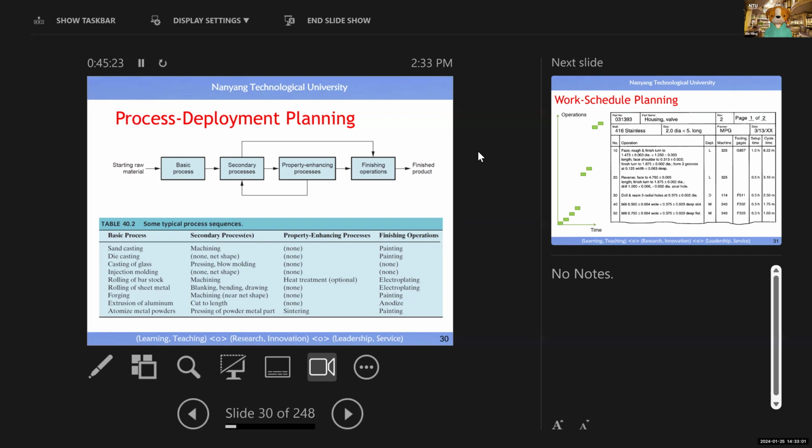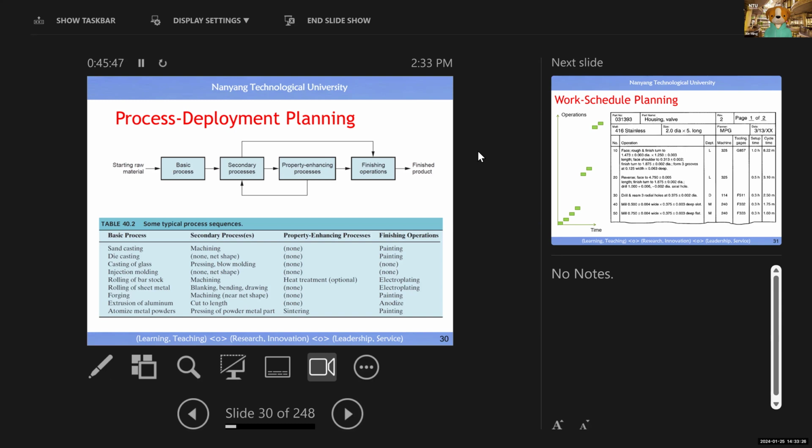In general, one product may involve a maximum of 4 processes, right? So you have a basic process, secondary process, property enhancing process, finishing process. A maximum of 4, but some of them may be 1 or 2. So it's up to you. So then in this case, what should be the basic process?